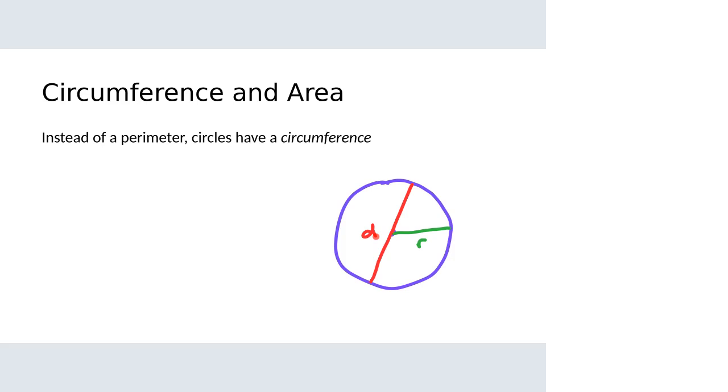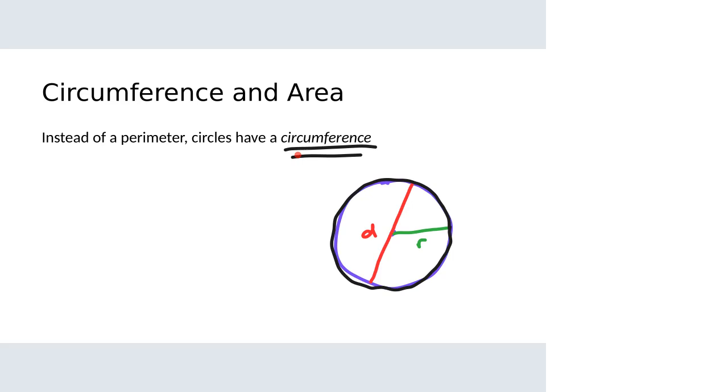A reason for that is it's not made up of line segments. It's not a polygon. We're not going to add up all the sides because it doesn't have any sides. It's just a curve. So instead of perimeter, when we talk about the distance around a circle, we use circumference.